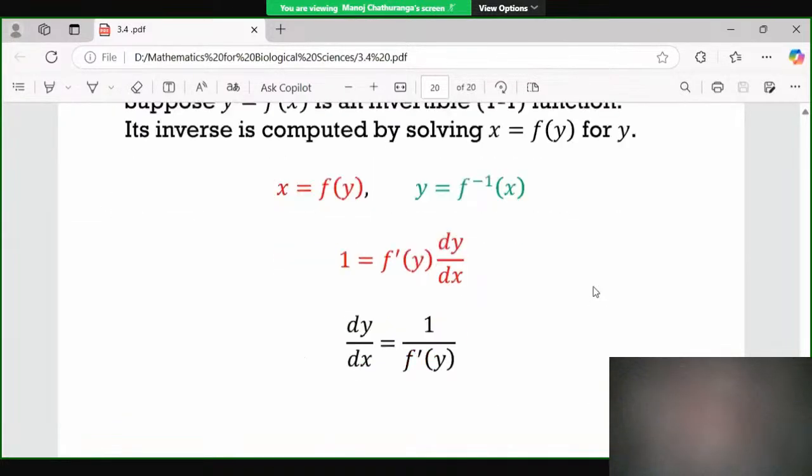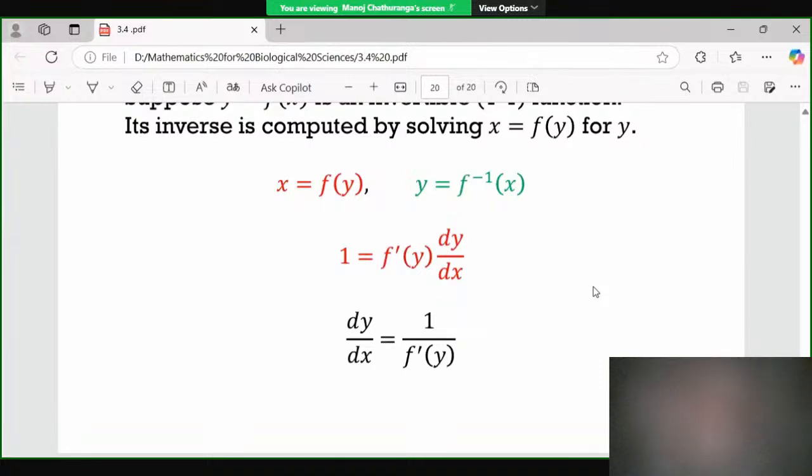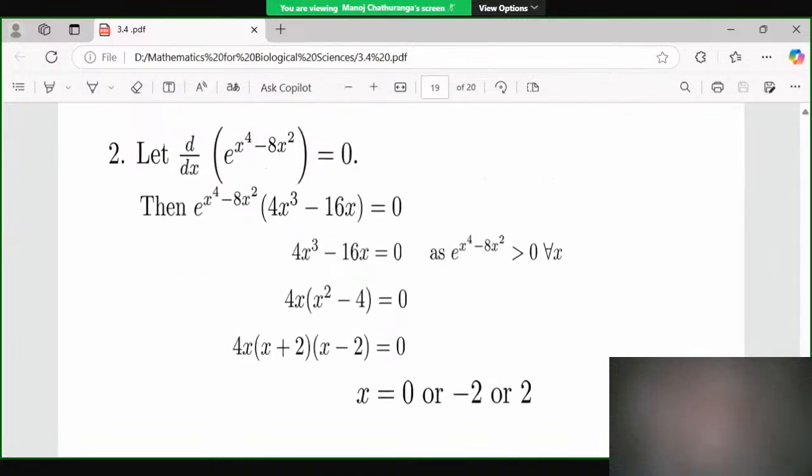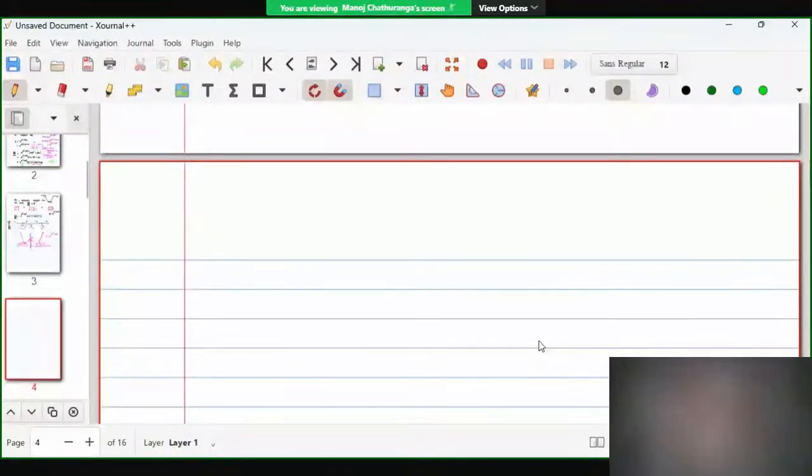Next, we need to discuss the derivative of inverse functions. All right.